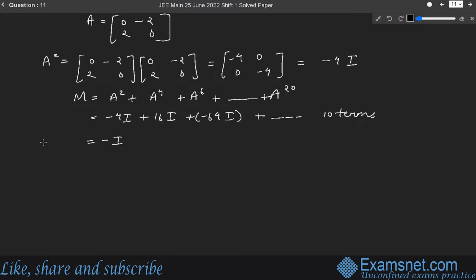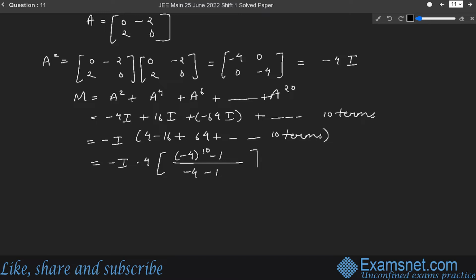So taking minus I common, the terms will be 4 minus 16 plus 64 plus up to 10 terms. So it will be minus I into, again taking 4 common, it will be (minus 4 power 10 minus 1) divided by (minus 4 minus 1), which is equal to 4 by 5 into (2 power 20 minus 1) into I. And N is equal to A power 1 plus A cube plus A power 5 plus so on up to A power 19.